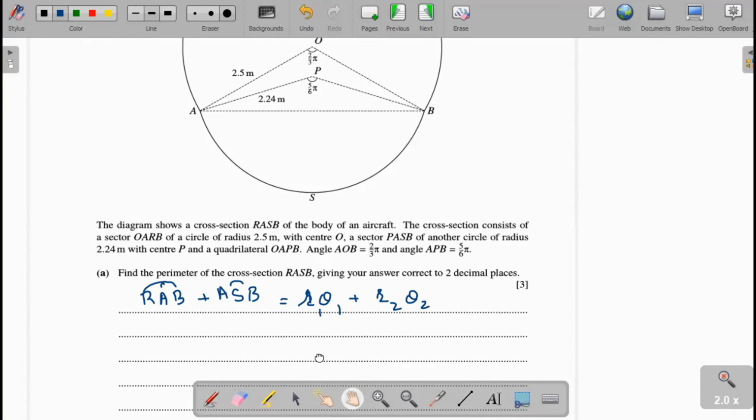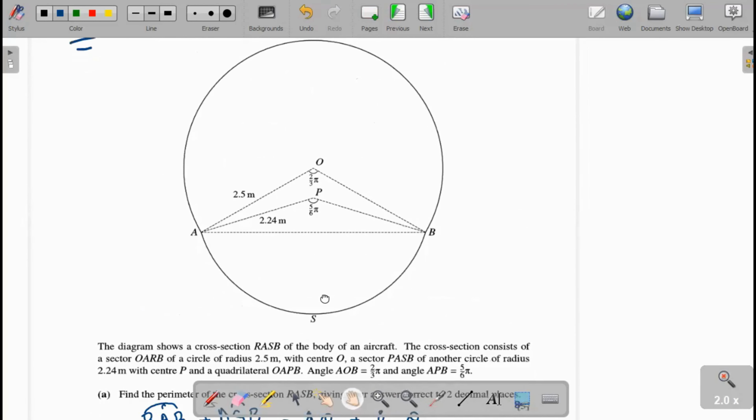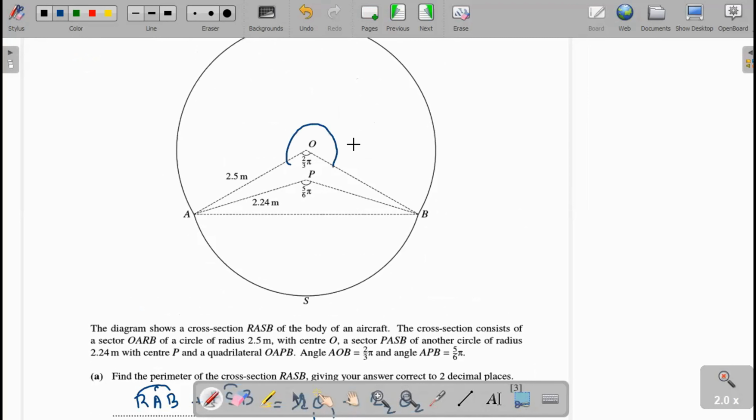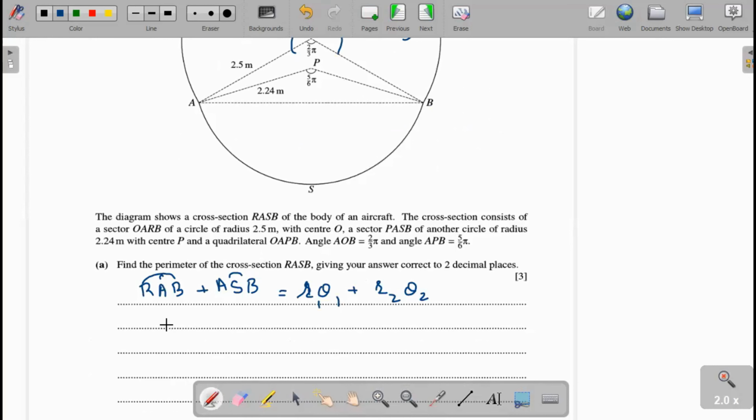Now you see here the bigger arc has the angle that is equal to 2 pi minus 2 over 3 pi, that will be equal to 4 over 3 pi. Now we substitute the values here. The R1 is 2.5 and the angle is 4 over 3 pi, plus the second radius, this is R2, the small arc length.